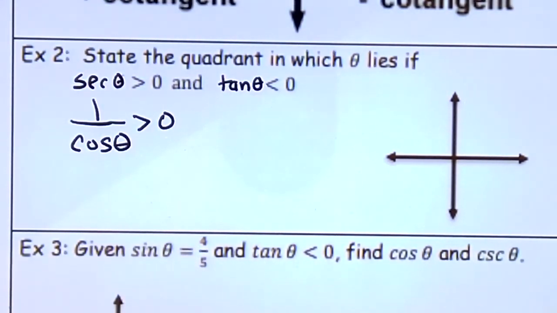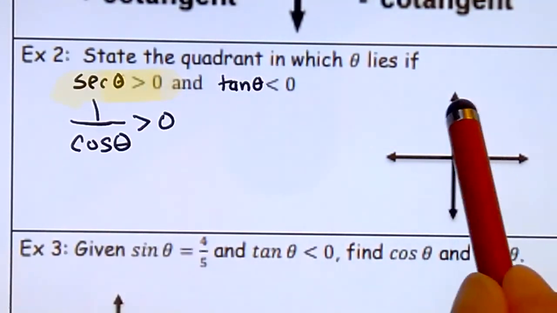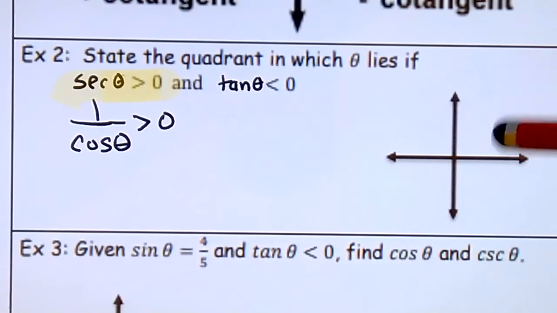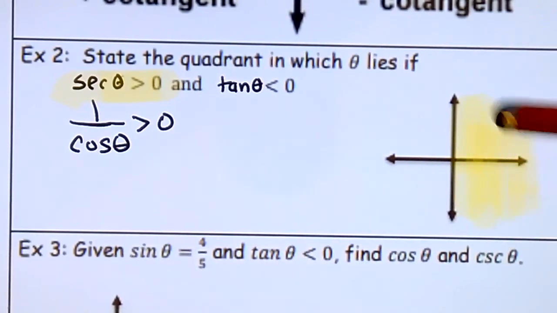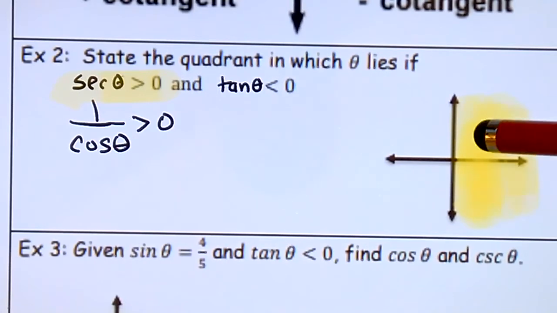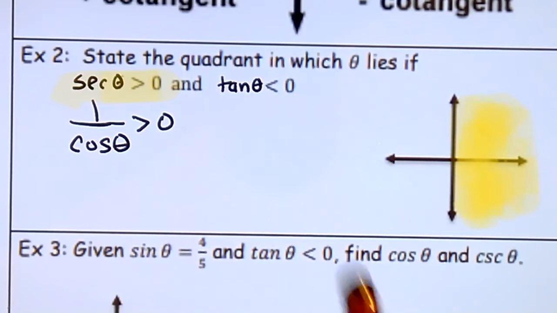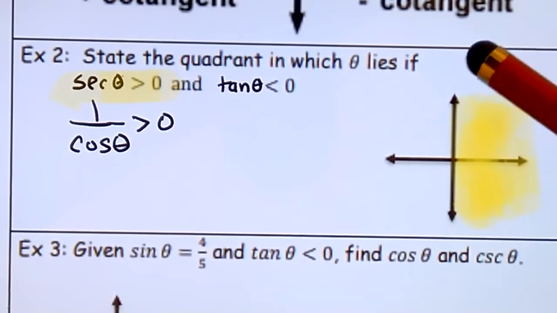Let me shade the quadrants where cosine's positive in yellow. My cosine is positive in these two quadrants. So that means my secant is also positive in these two quadrants. Then I want to decide where my tangent is negative. For this one, I'm going to use some stripes, purple stripes.